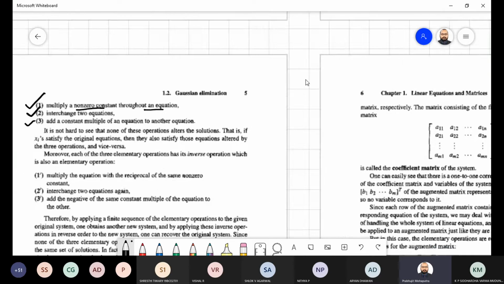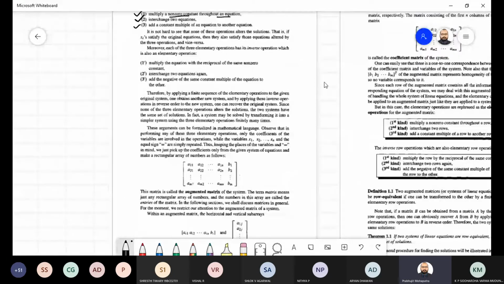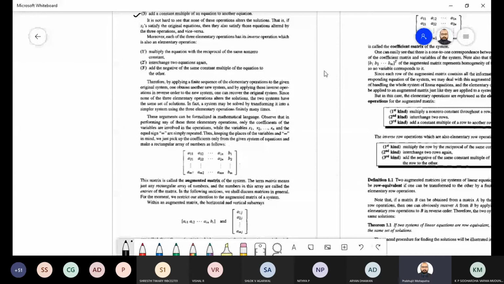So why are we doing these things? Our ultimate goal is to write the system of equations in terms of a matrix. Why is it required? If you have two variables and two equations, you can solve it by hand.